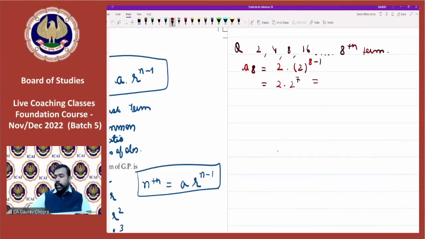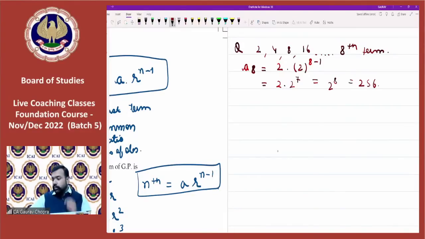Come on guys, you can calculate and give the answers. So what is the eighth term of this series? It is 2 to the power of 8, that is 256. 256 becomes the eighth term.